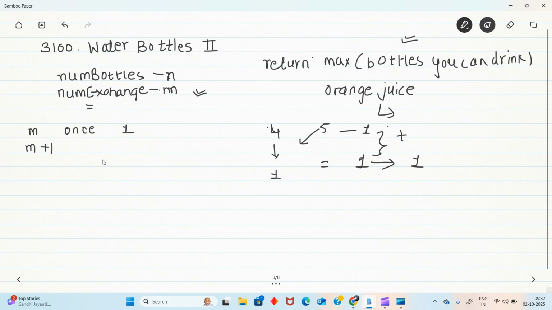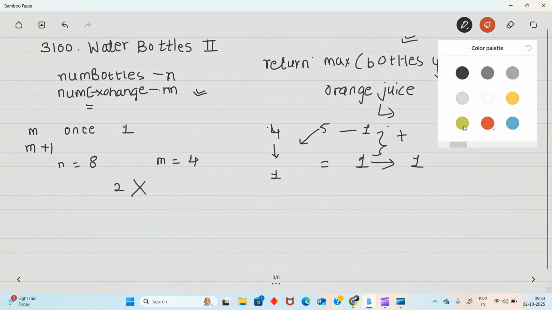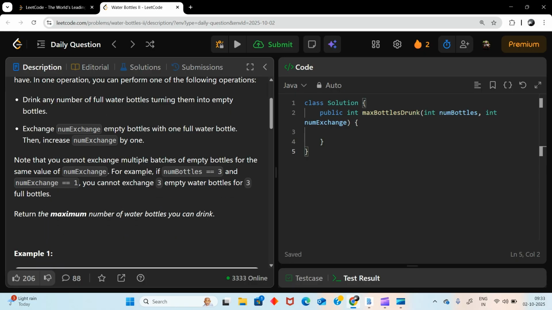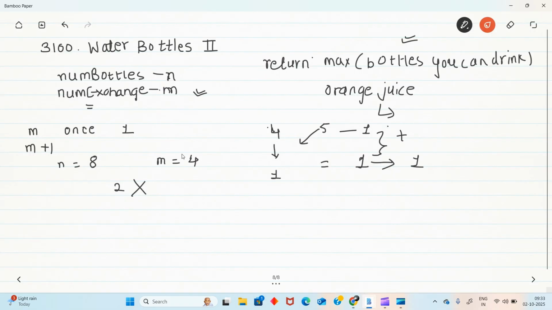That means let's say I have 8 bottles and I can exchange 4 empty to get 1. I can't exchange all 8 empty bottles and get 2 full bottles. Why? Because in the question it is given that you cannot exchange multiple batches of empty bottles for the same value. So you can exchange only once.